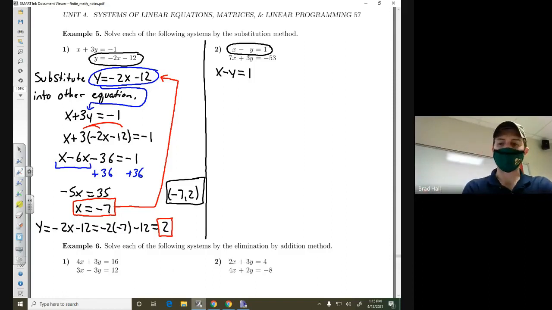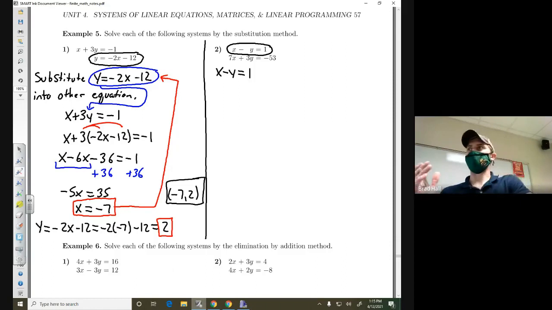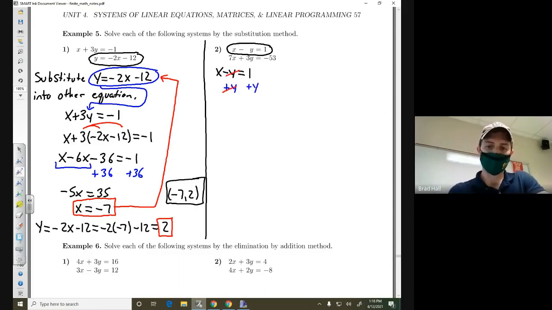In fact, I'm going to solve for x because to get x by itself, all I have to do is just add y on both sides. x is equal to 1 plus y.